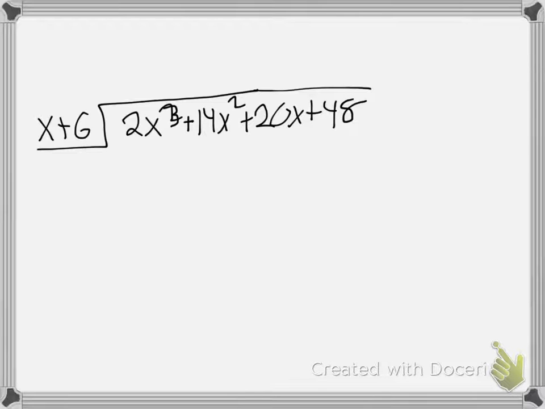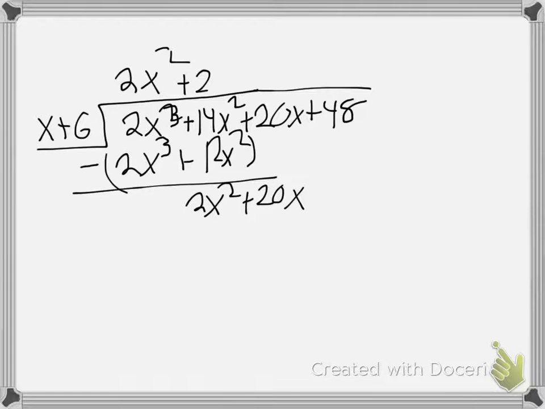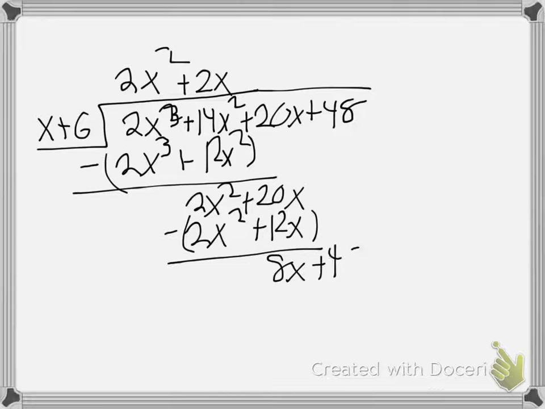How many times does x go into 2x cubed? Well, that's 2x squared. And we end up with 2x cubed plus 12x squared. Now keep in mind that we are subtracting here, so that gives me 2x squared plus 20x. x goes into 2x squared 2x times, so that gives me 2x squared plus 12x, still subtracting, gives me 8x plus 48.